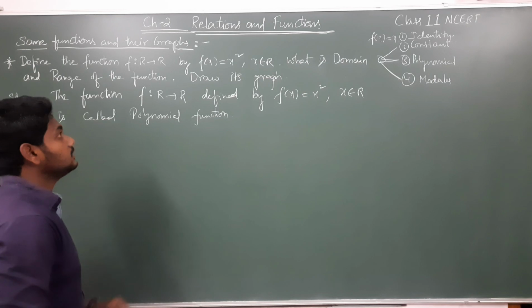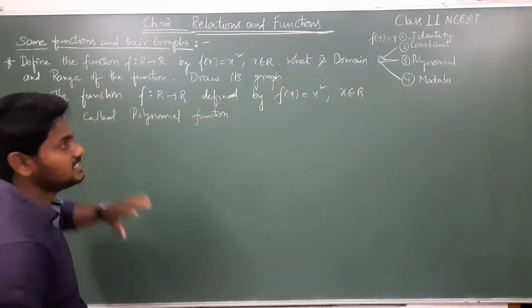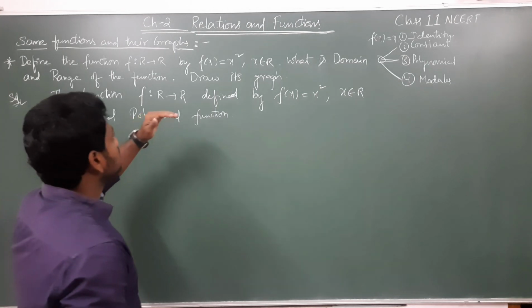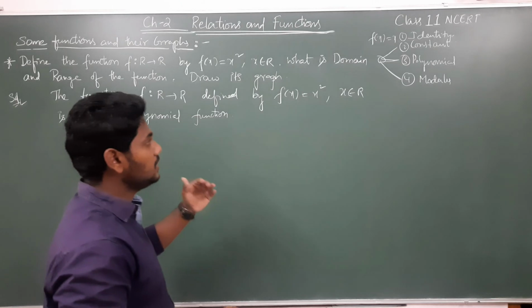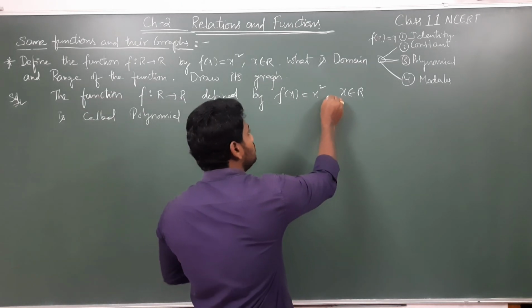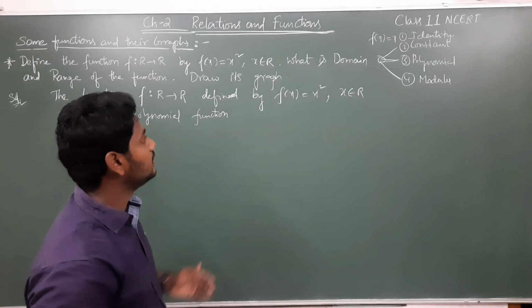After that we will draw the graph. Based on that graph we can identify the range easily. Before the graph you shouldn't write domain and range. We may get confused and neglect some values which should also be included in the domain or range. After drawing the graph we can identify easily.